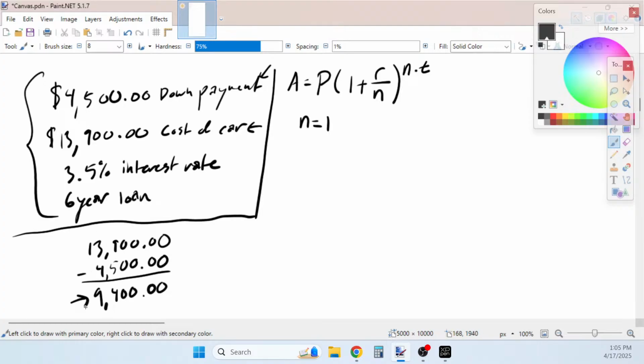So the loan amount is 9,400. We don't know how much we're going to end up paying in the end on the loan, but it's going to equal 9,400 times 1 plus 3.5%, which is 1.035, raised to the n, which is still going to equal 1, times the number of years.